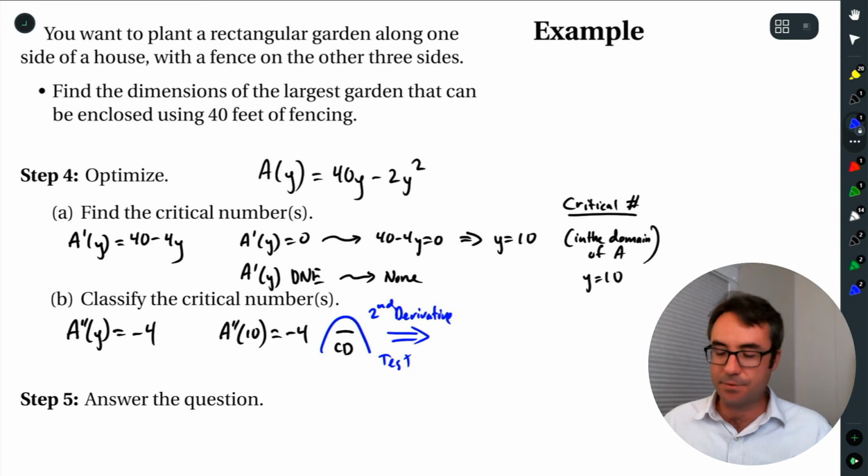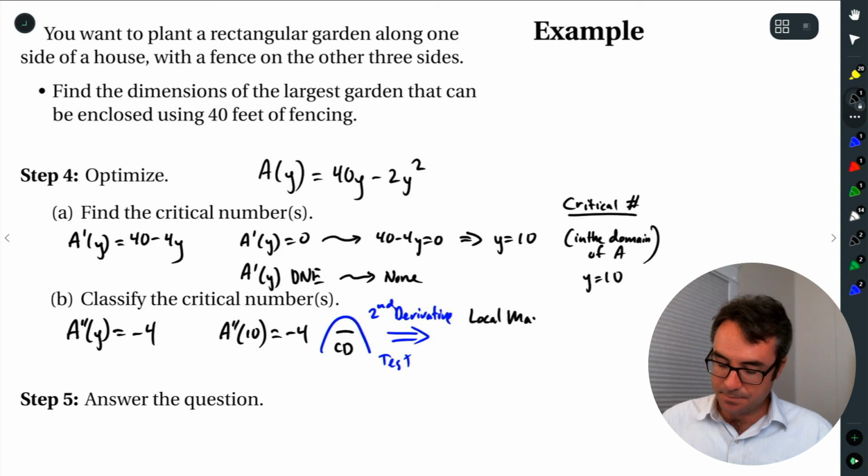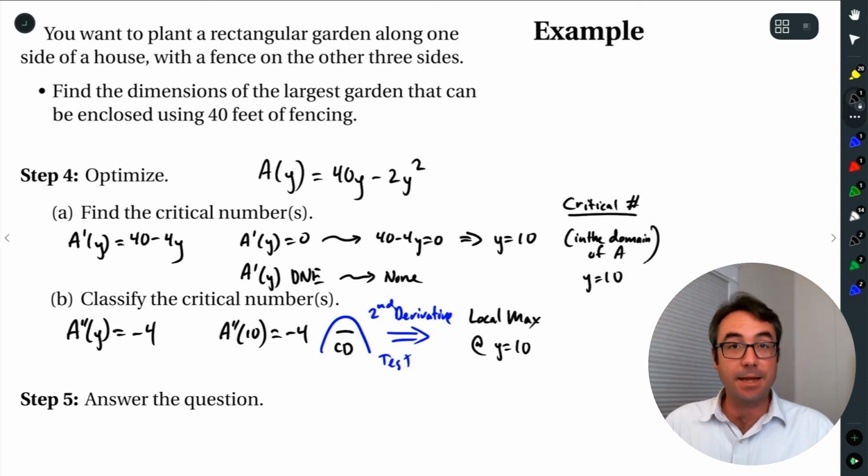That's what we actually have. So we have a local max at y equals 10. And since it was the only critical number, not only is that the local max, it's the absolute max. Kind of a bonus there.